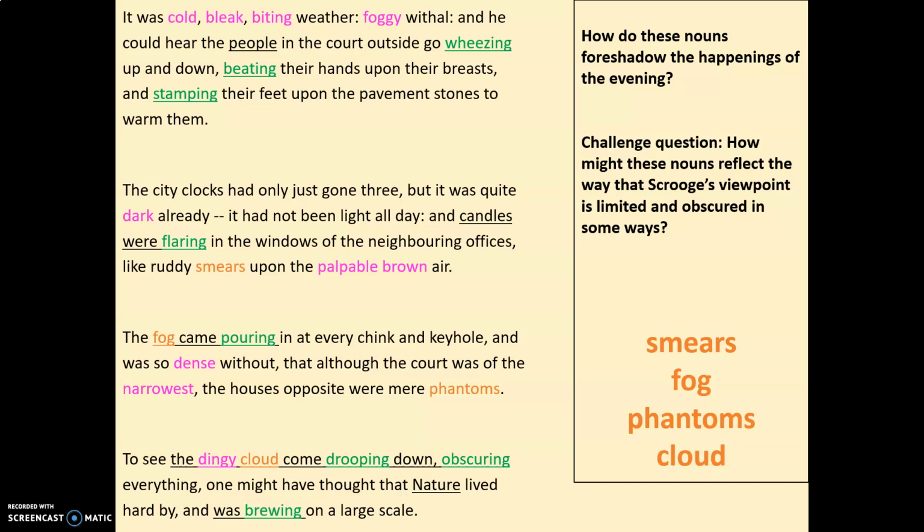It links to the character of Scrooge. Spend a few minutes just having a think about those, seeing if you can work out how Dickens has used these nouns to foreshadow the happenings of the evening and to reflect Scrooge's viewpoint, the fact that it's limited and obscured. Make a few notes, spend a couple of minutes.